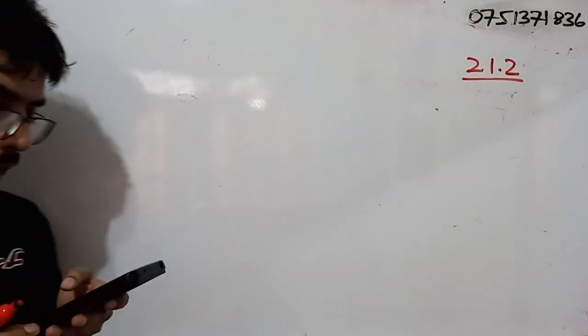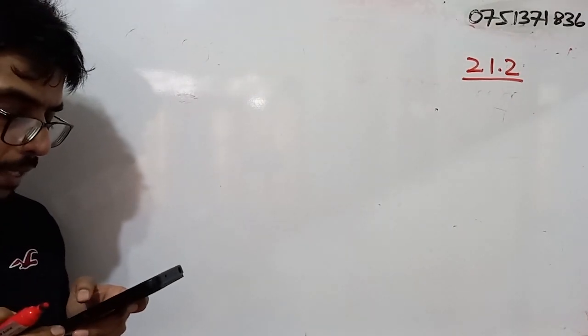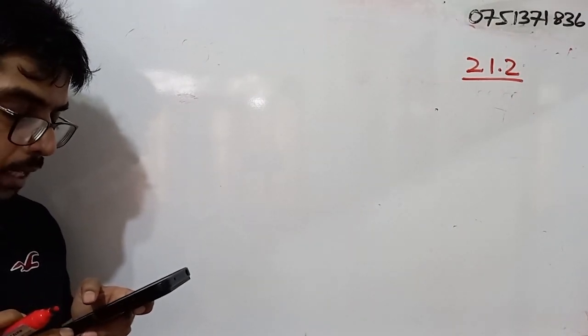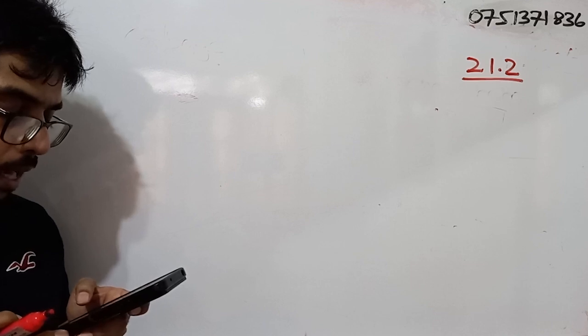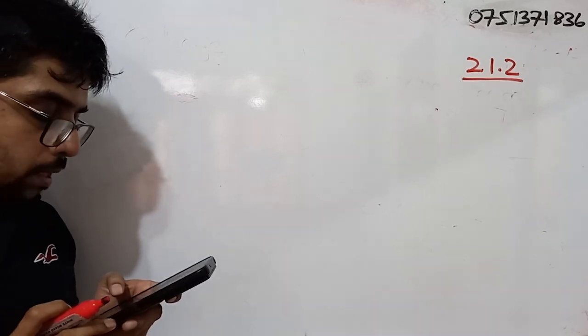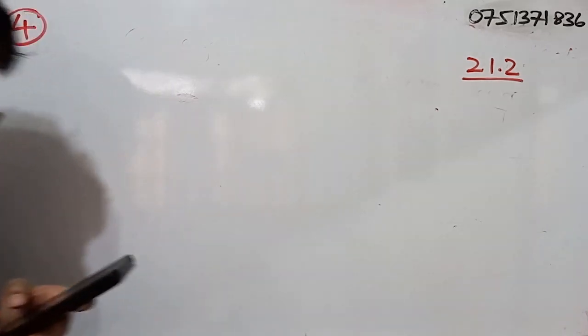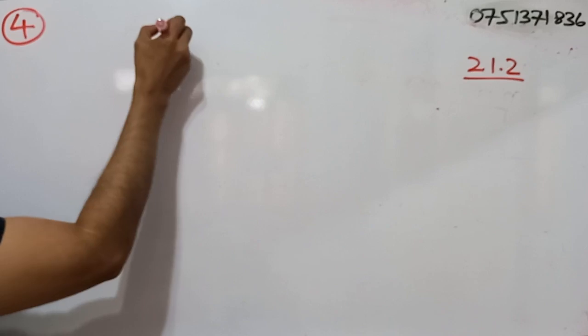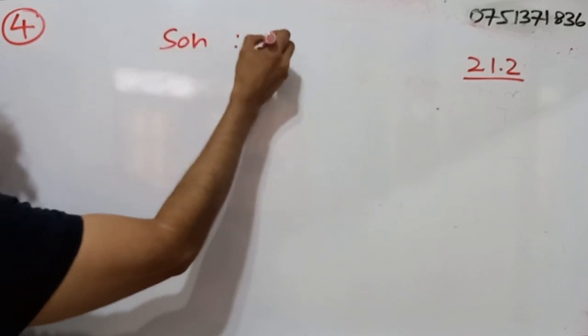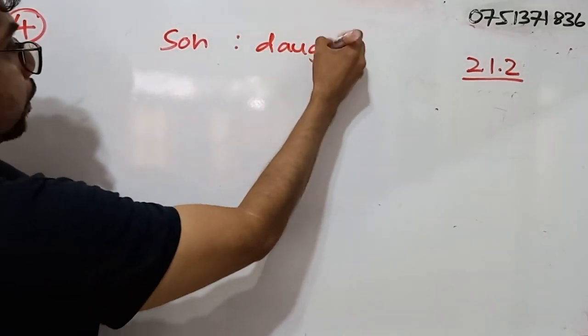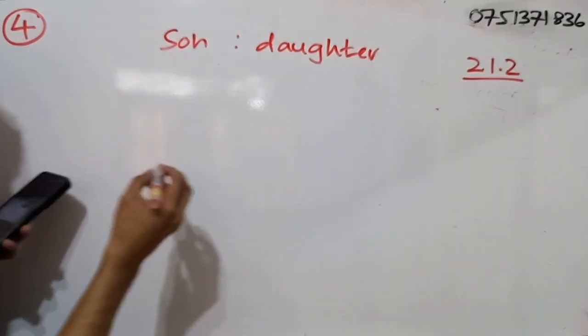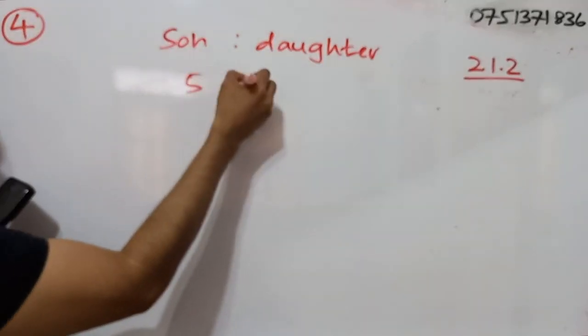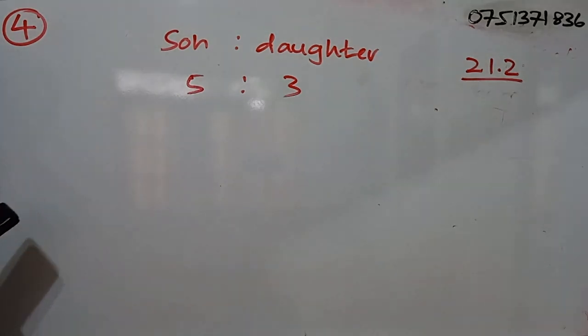Question number 4. A landowner divides his land of 1800 square meters between his son and his daughter in the ratio 5 to 3. How much of the land does the son receive? Right? So we have the son and the daughter. So the ratio is what? 5 to 3.